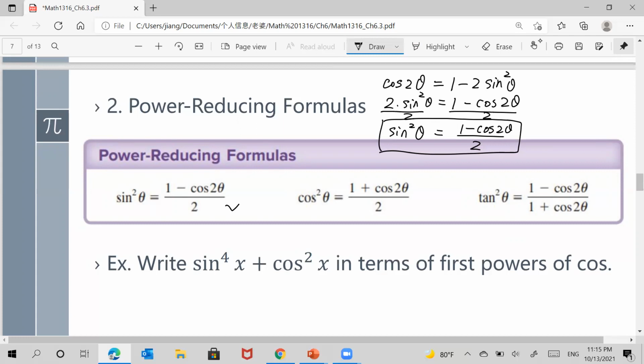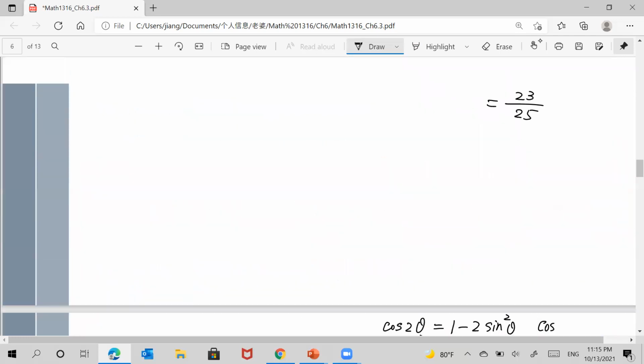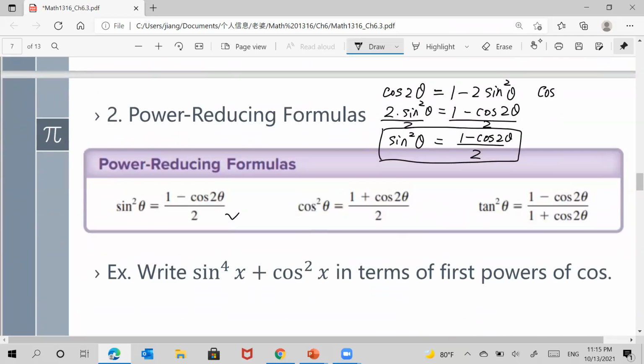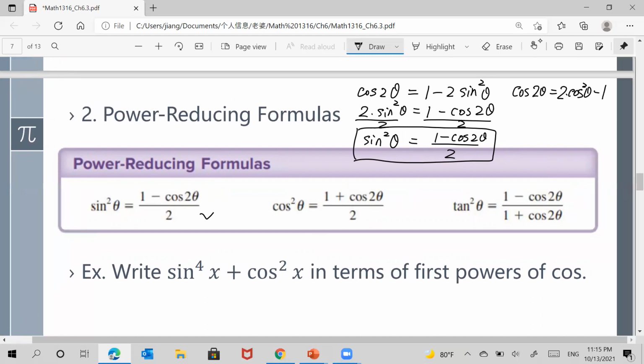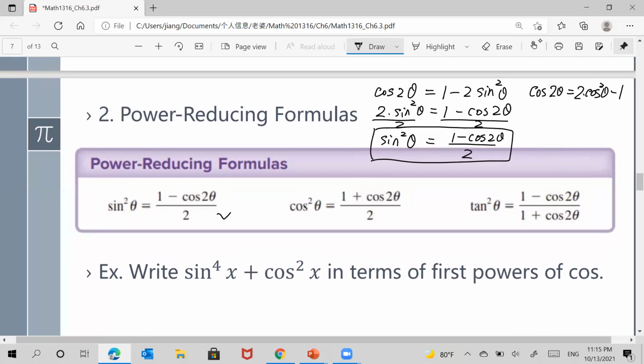And how about the second term? Do you still remember cosine 2 theta equals 2 times cosine theta squared minus 1? If I isolate cosine theta squared, that means plus 1 on both sides.